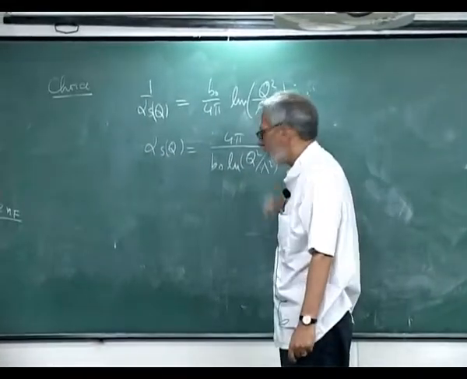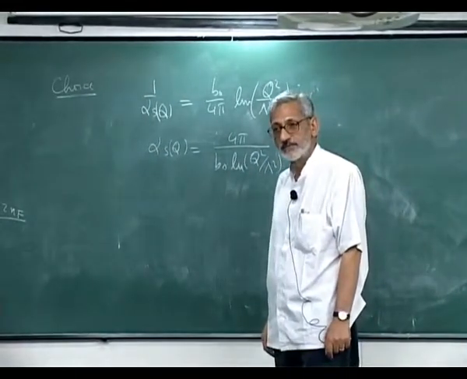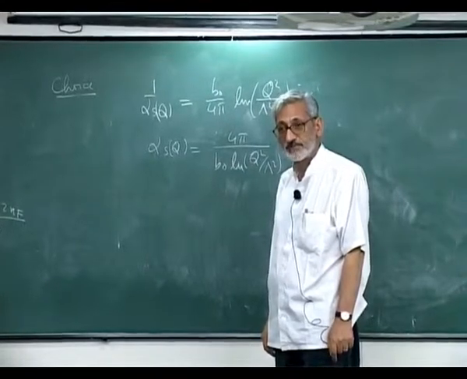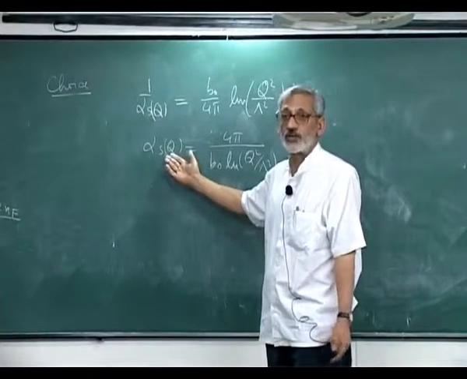When Q is of the order of lambda, log is of order 1, and alpha is large.